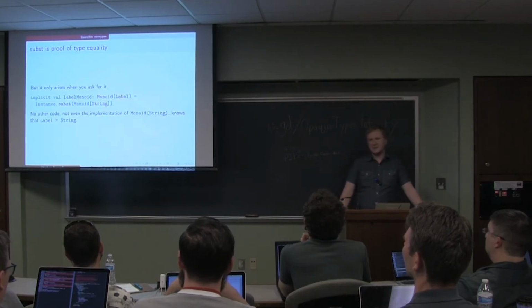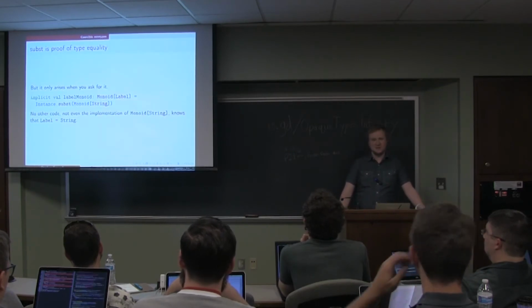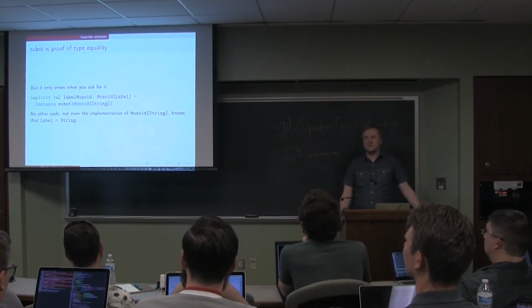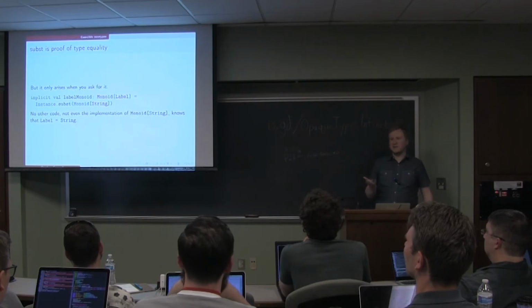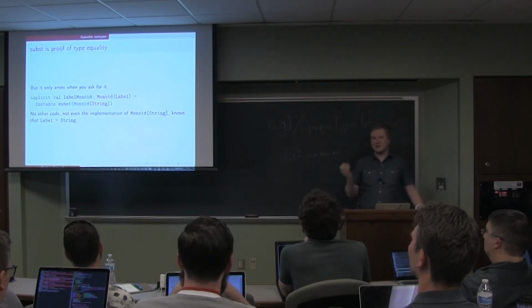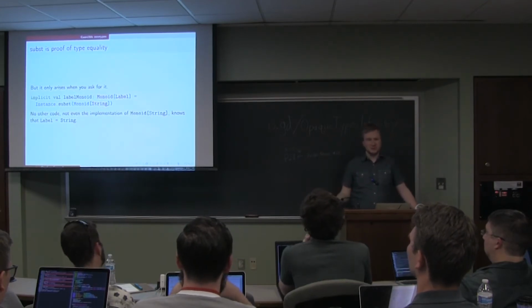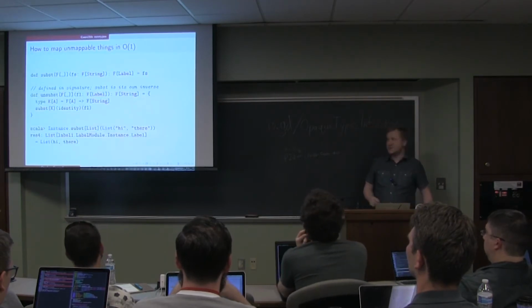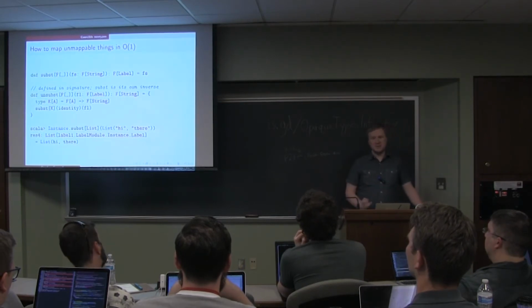But there's a good reason that subst can do that, which is that it's proof of type equality. By proof of type equality, I mean that there's no safe way to implement it unless the types are actually equal. If it is possible to write a function with this signature at the top, then those types must be equal.